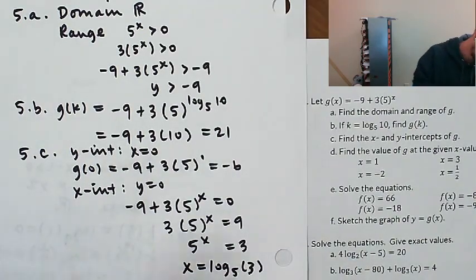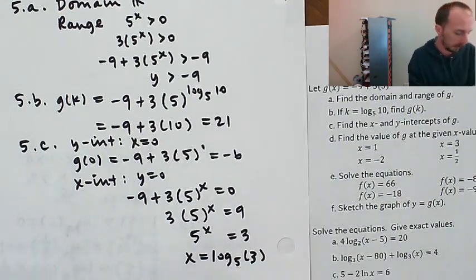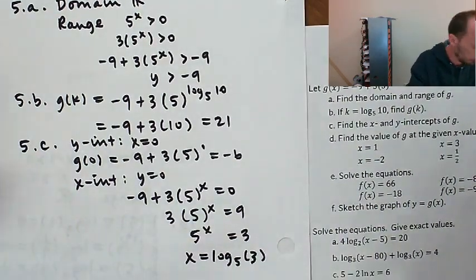I don't know exactly the value of this log, but I know it's going to be less than 1, because the exponent I raise 5 to get 3 is less than 1, because 5 to the 1 is 5, and 5 to the x is an increasing function. All right, that was C.